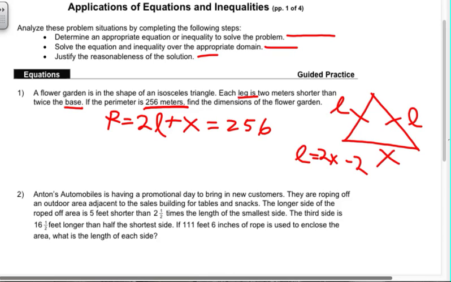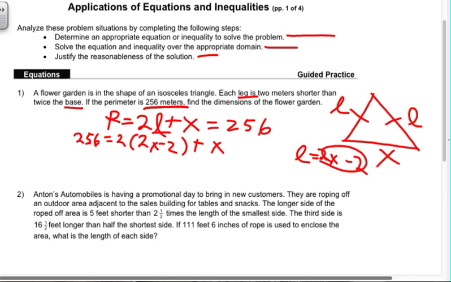And then I take this and I substitute it in for my L. So I'm going to have 256 equal to 2 times (2x minus 2) plus x. I'm going to solve for x in all of this.